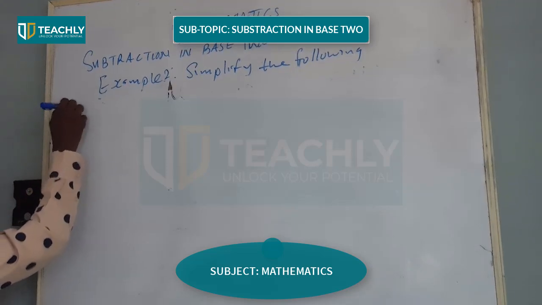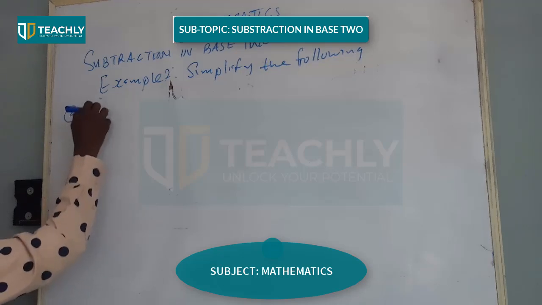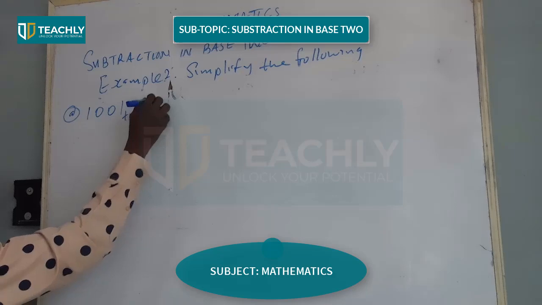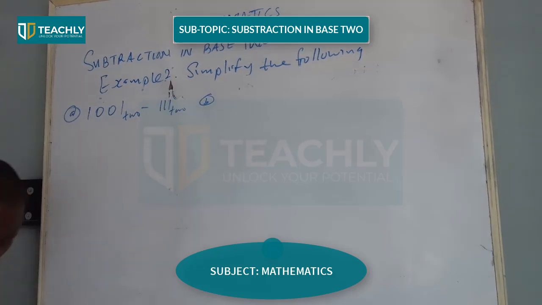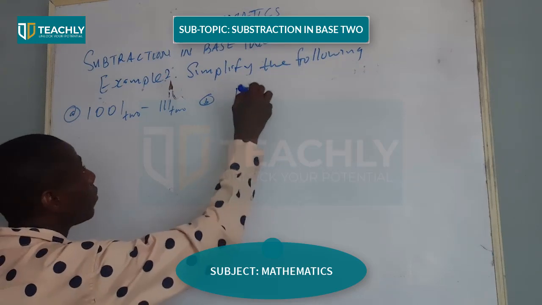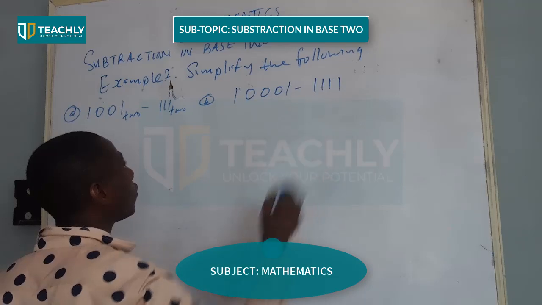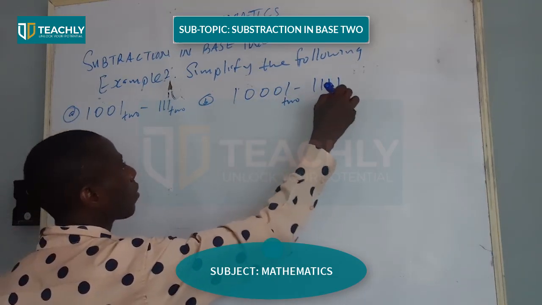We have A: 1 0 0 1 base 2 minus 1 1 1 base 2. B: 1 0 0 0 1 minus 1 1 1 1 base 2.